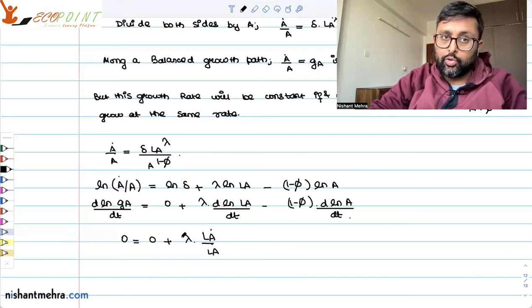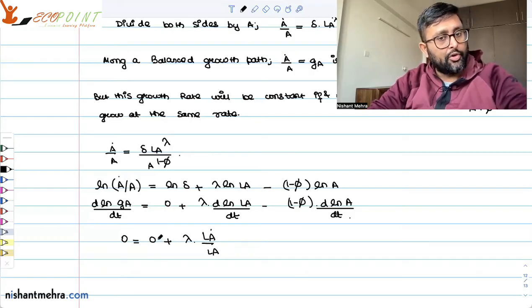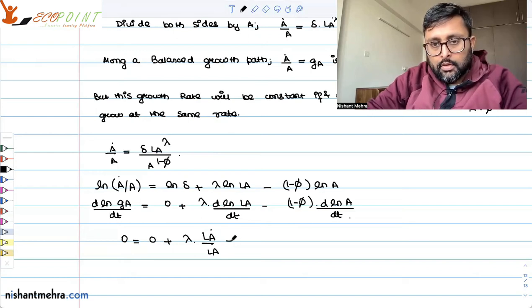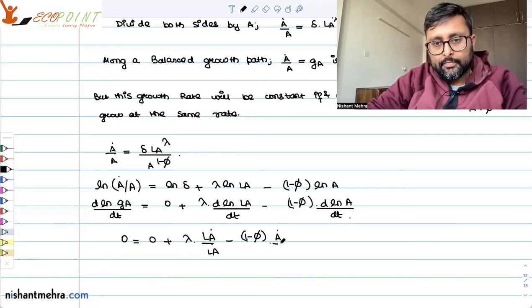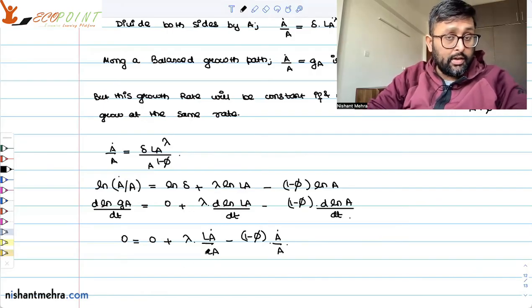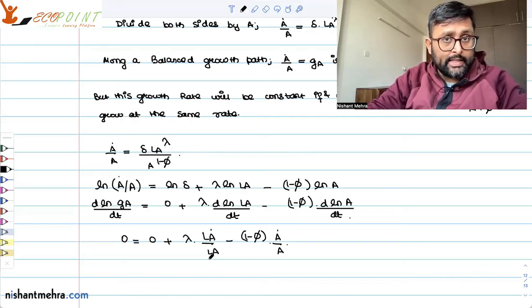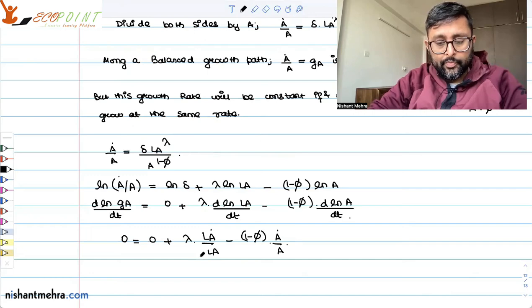I think I've taught this in the first class of the Solow model. If you have not seen that recording, please see that. And d log of A by dt is 1 upon A dA by dt. dA by dt is A dot. So it is A dot by A. One thing you have to understand: L_A dot upon L_A is not S_R.